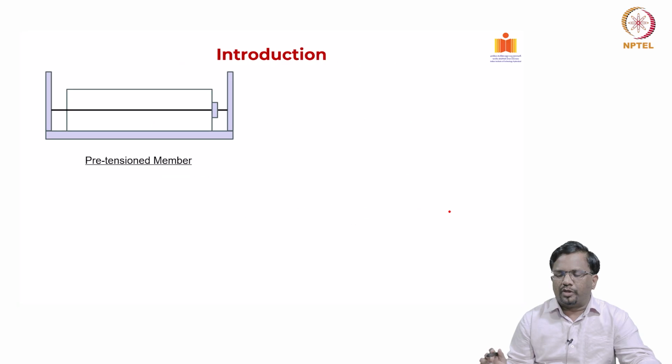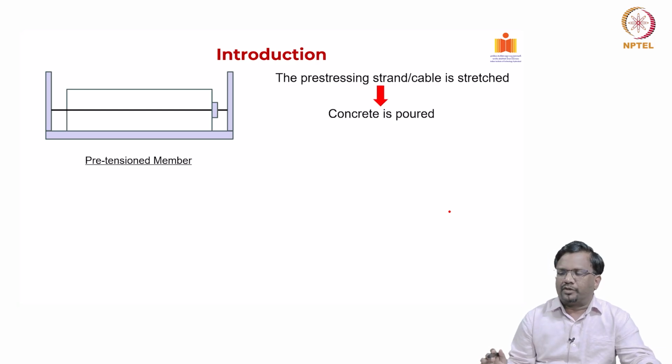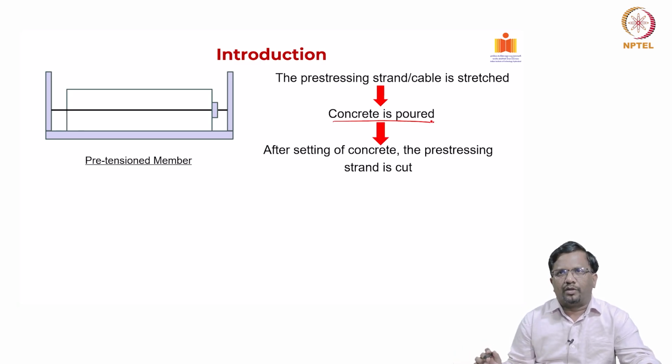Okay, you all know that in pre-tension system, the pre-stressing steel is tensioned before the concrete is poured, right. First, the pre-stressing strand or cable is stretched and the concrete is poured. Then after setting the concrete, the pre-stressing strand will be cut. Only when you cut the strand, actually the transfer of prestress happens, right.